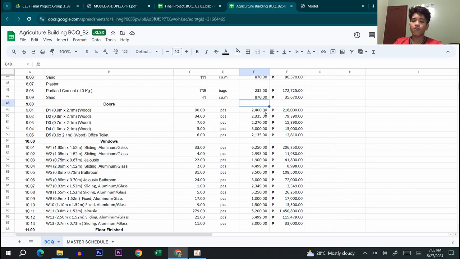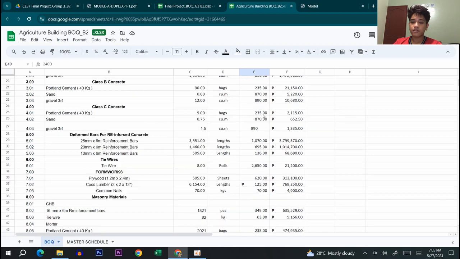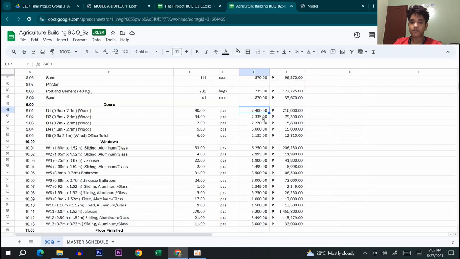For the unit prices, our reference again were the online websites that we found earlier for our duplex final project reference, which were Wilcon, CDO Hardware, and City Hardware, and some were really from websites, to match as close as possible to the dimensions of the door and the material type.